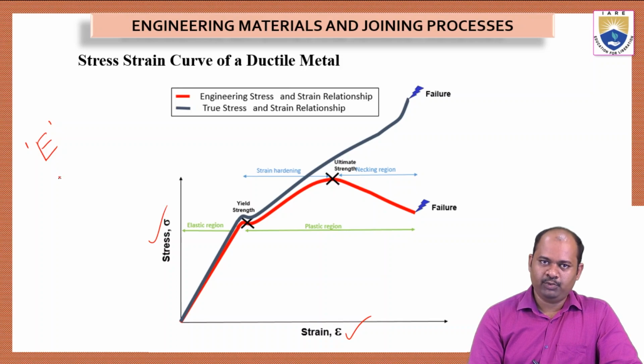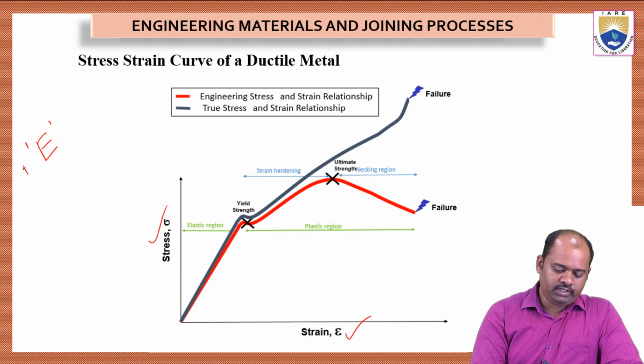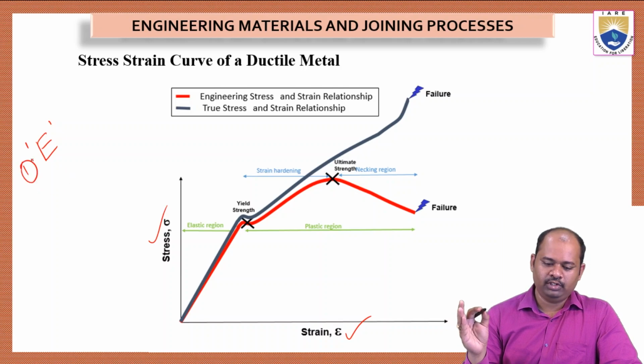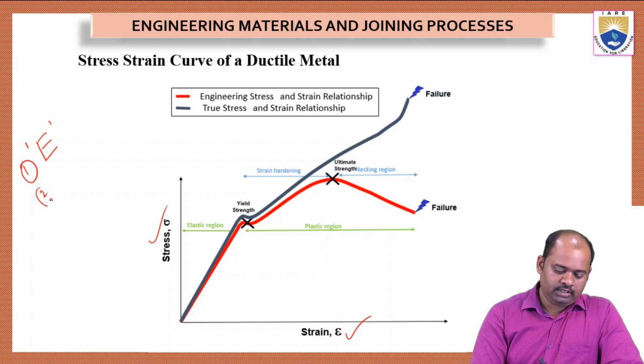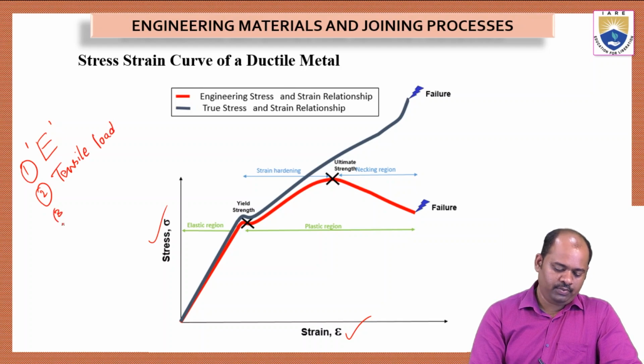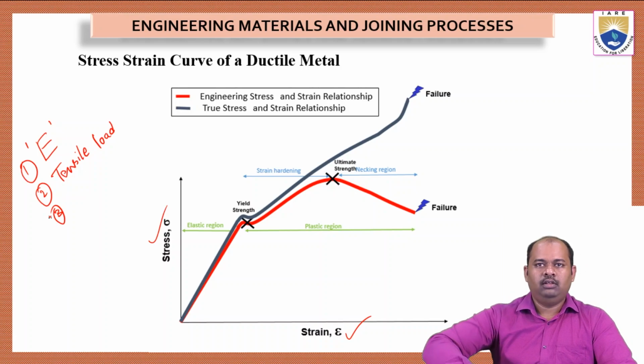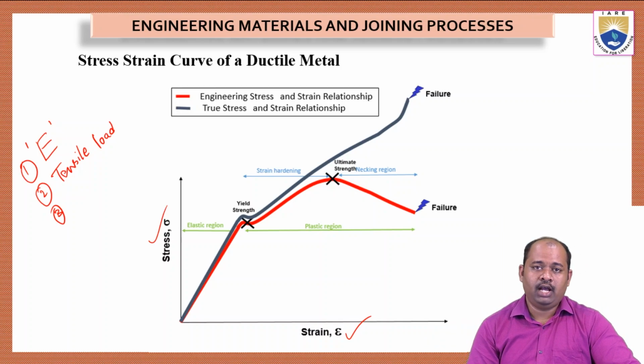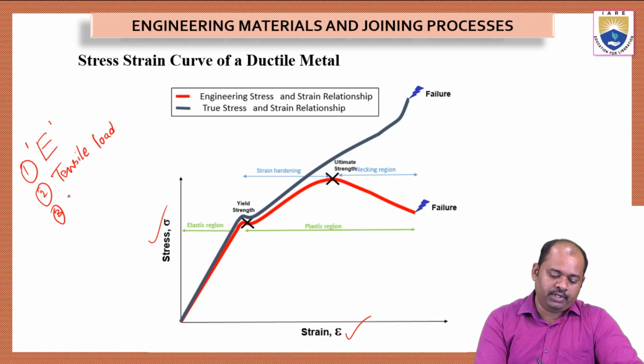Now E is the Young's modulus. This is the first assumption. It should be uniform throughout the body. And the second one is that a tensile load is applied on the body. Only tensile load is taken. And the third assumption is that the metal should have isotropic properties.